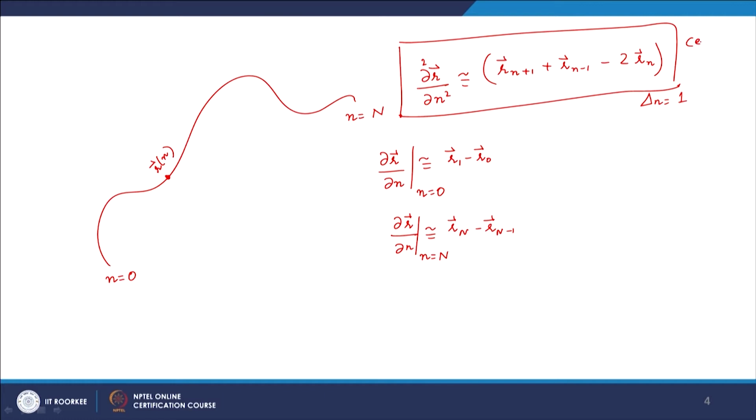This is like a central difference approximation. This is a forward difference, and this is a backward difference.